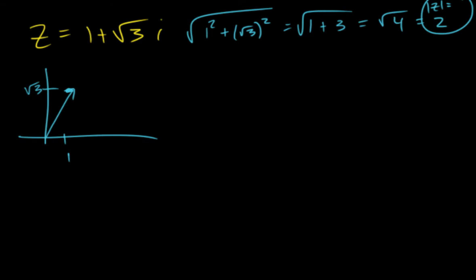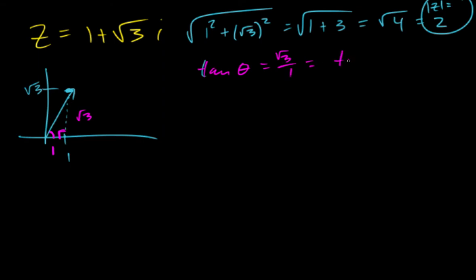And then to find the argument, we think of this as 1, this as square root of 3, this would be a right angle, and we want this angle right here, so it's going to be a tangent. So tangent theta equals the opposite over adjacent.